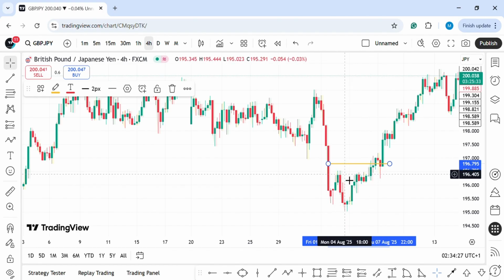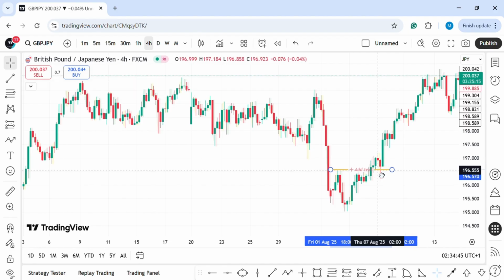But if you want to know if the market has fully broken its high, wait for the market to break the wick with a full body candle.